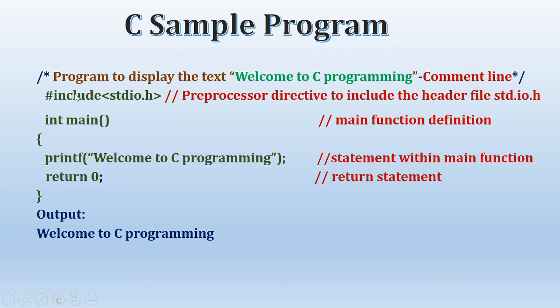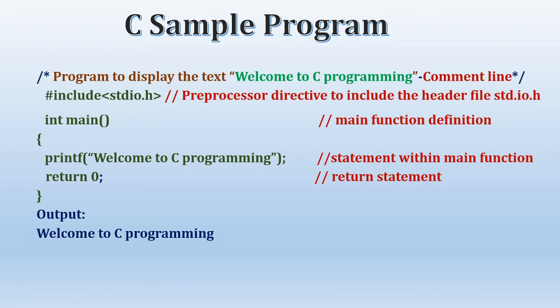Then you have your hash include stdio.h. This is the preprocessor directive, and it is instructing your compiler to include this stdio header file into your program so that you can make use of scanf and printf.